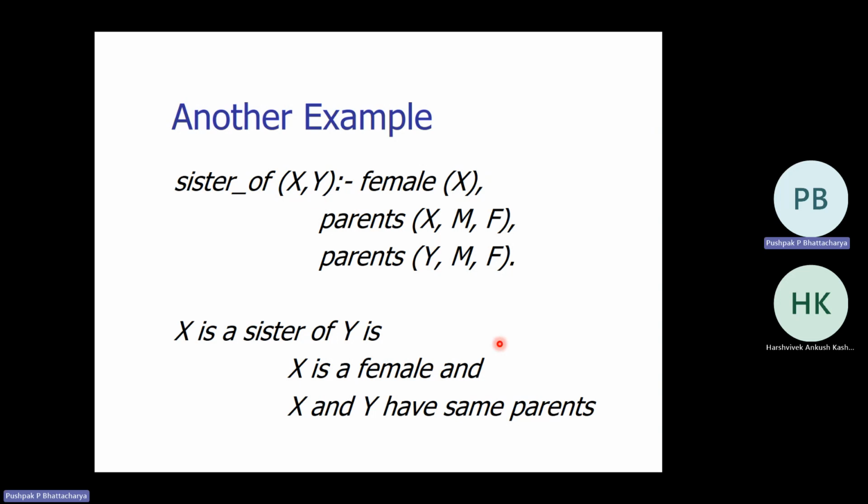Let us take another example. This is the definition of sister. Sister of X is Y if Y is a sister of X, if X is female, female(X), parent of X are M and F, parent of Y are M and F. This essentially means somebody's sister is a female and they both have the same parents.